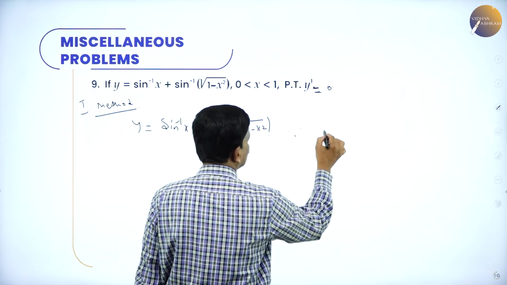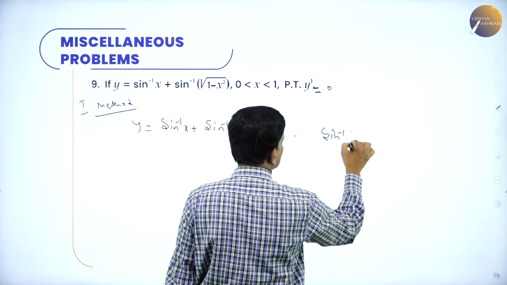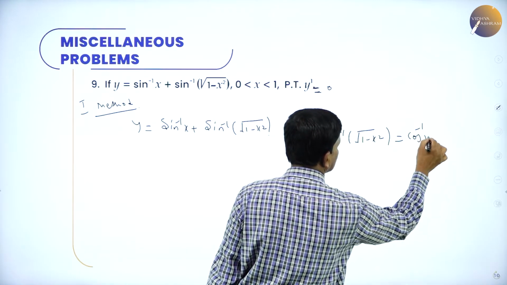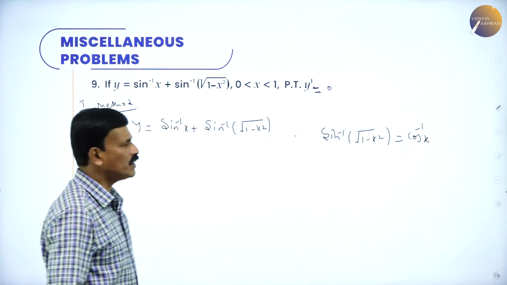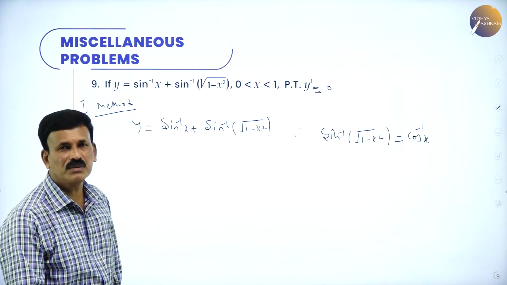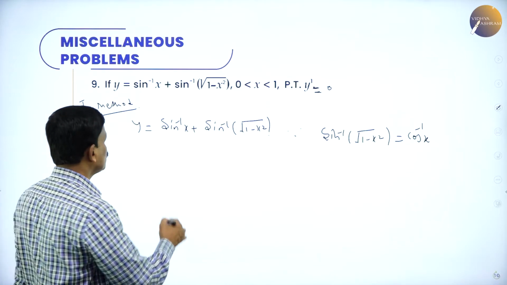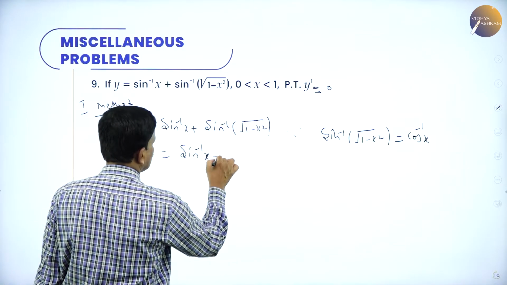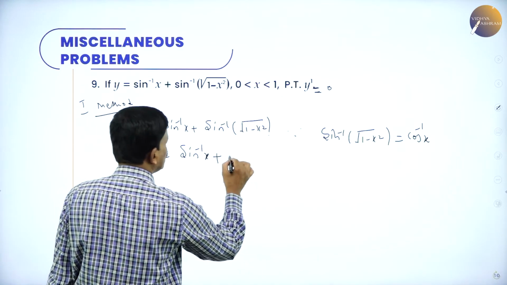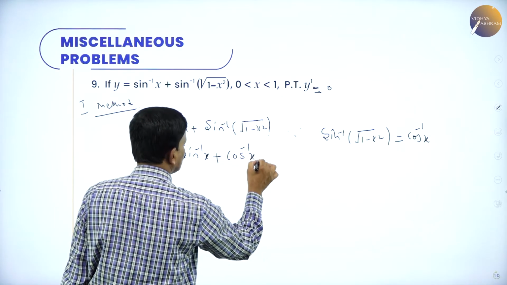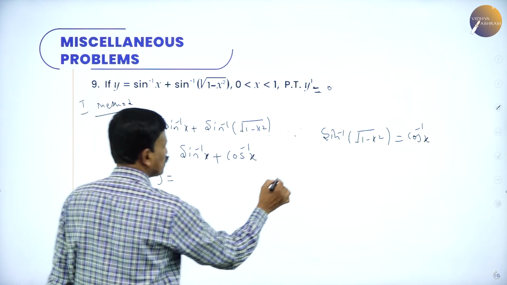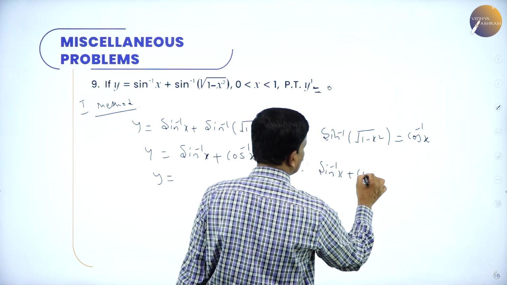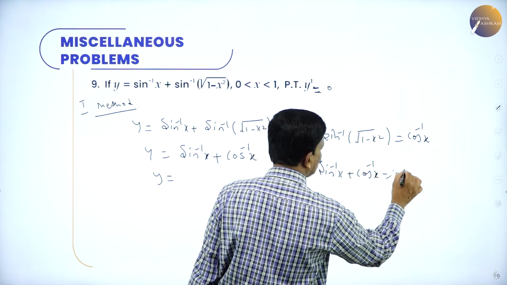Since we know that sine inverse of root of 1 minus x square is also equal to cos inverse x. So this can be written as sine inverse x as it is, plus sine inverse root of 1 minus x square can be written as cos inverse x. This is equal to, since further we know one formula, sine inverse of x plus cos inverse of x is always equal to pi by 2.